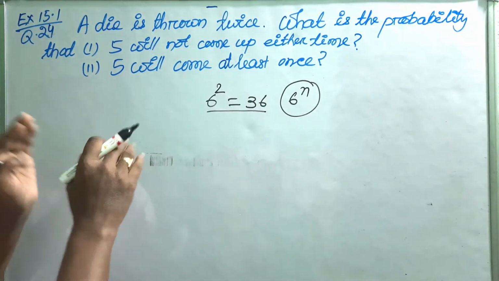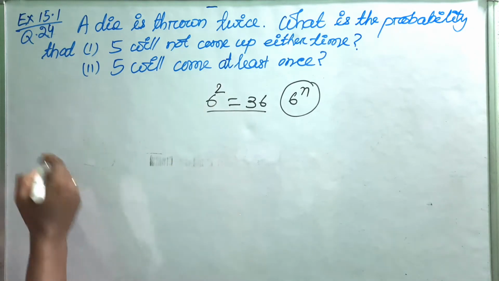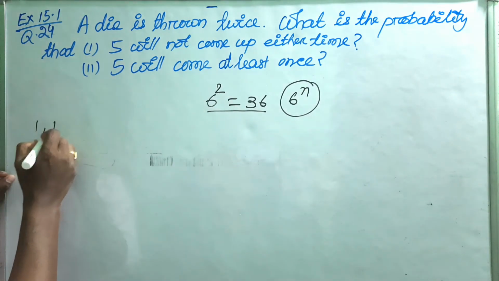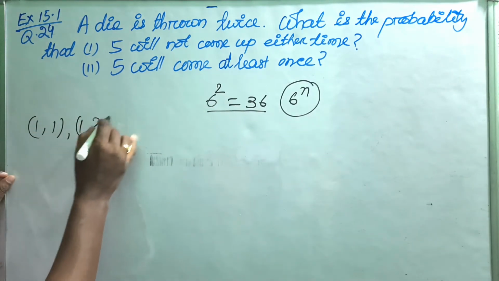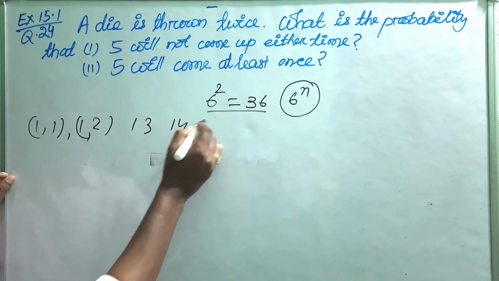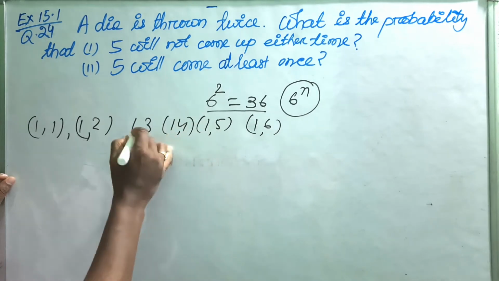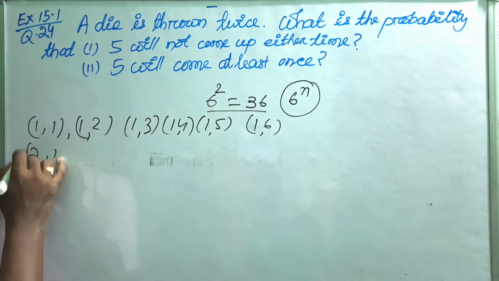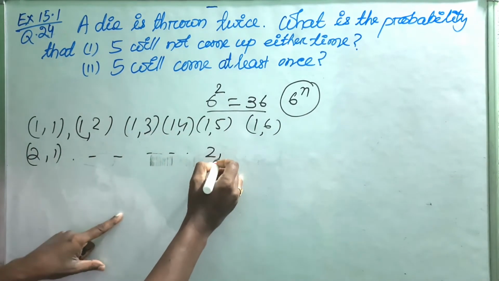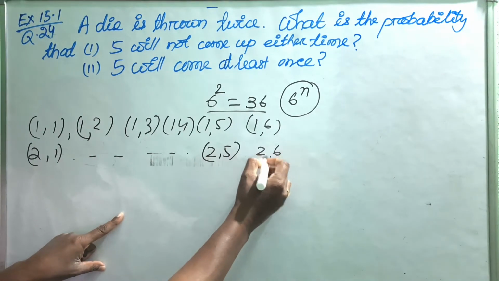So first of all, let us write all the possible outcomes. In short form I am writing 1 1, 1 2, 1 3, 1 4, 1 5 and 1 6. Then 2 1 up to 2 5 and 2 6.